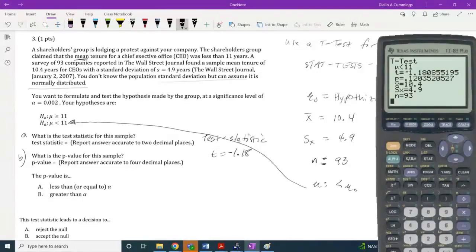B says, what is the p-value? So we're given that this p-value, now this is the p-value, not a proportion or anything.